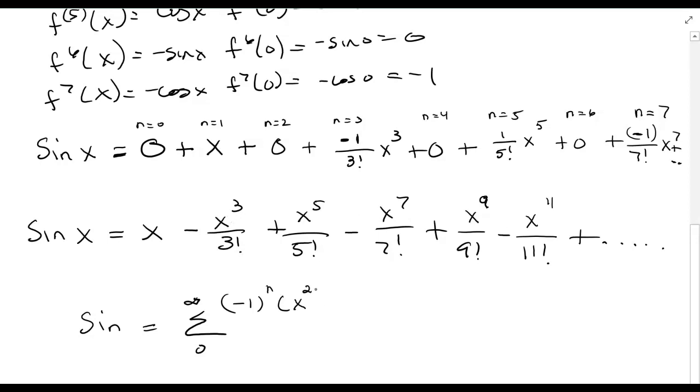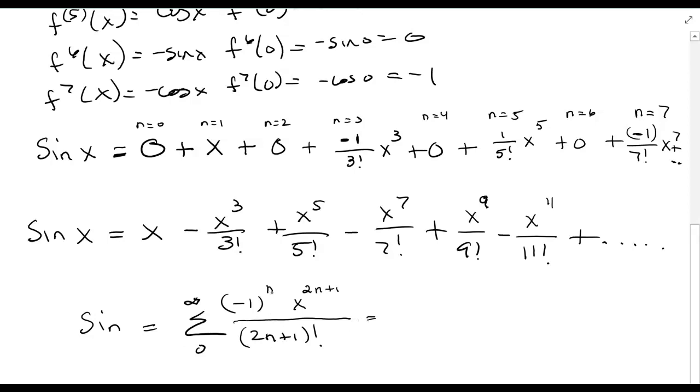How do we represent odd? Usually we represent odd as 2n plus 1, over the same odd, 2n plus 1 factorial.